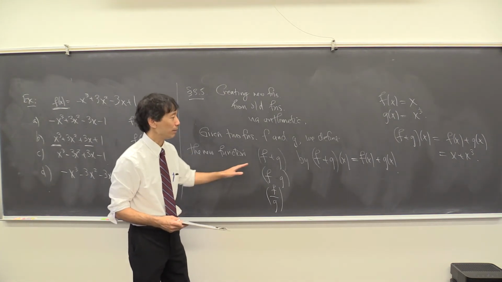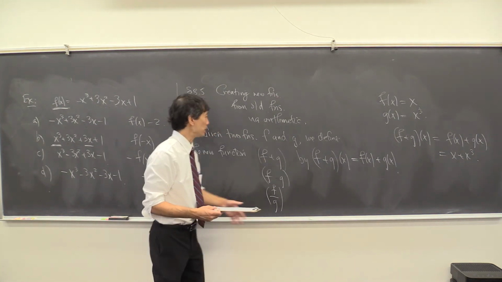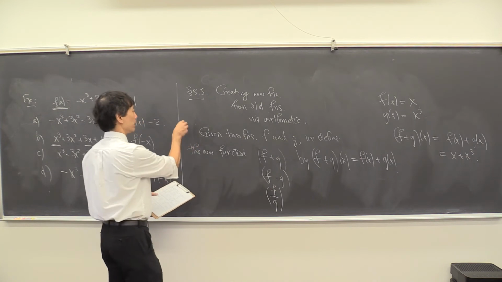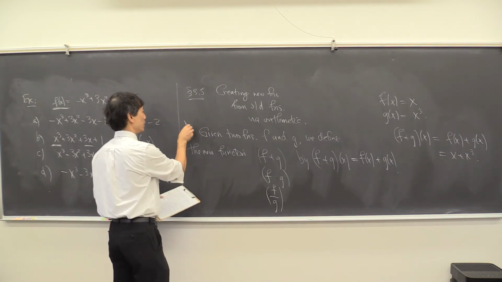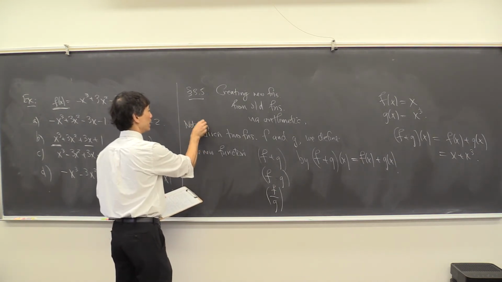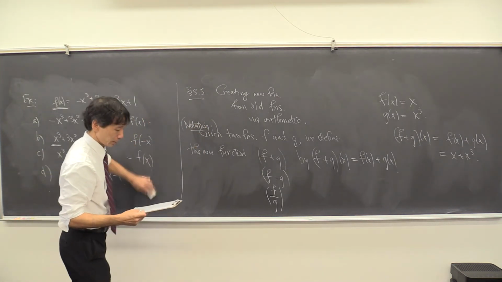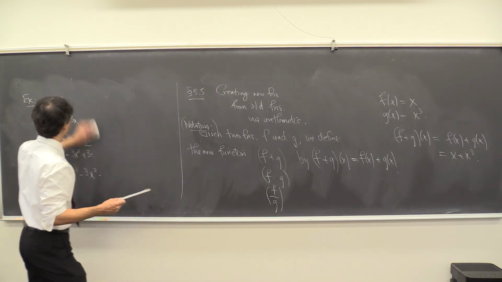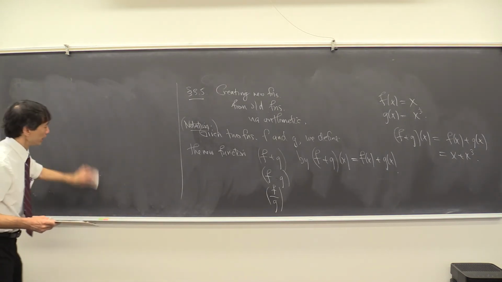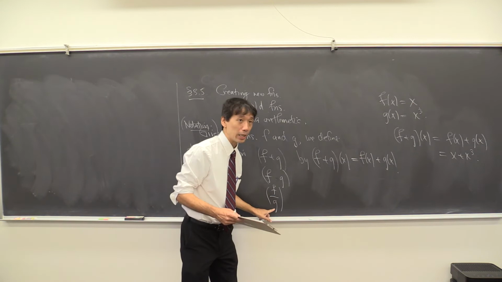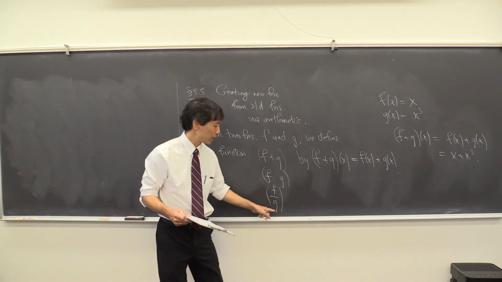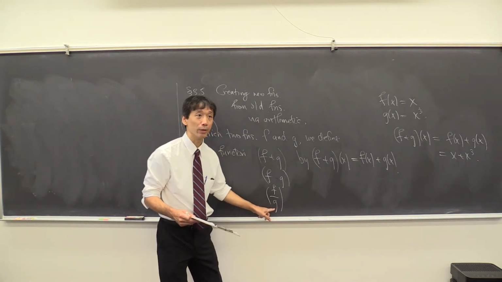So this is really notation. This is more of notation than anything else. It's not really a new idea. It's a notation. The only thing you have to worry about is that for the quotient, the domain might be different because you have to watch out where g is 0.